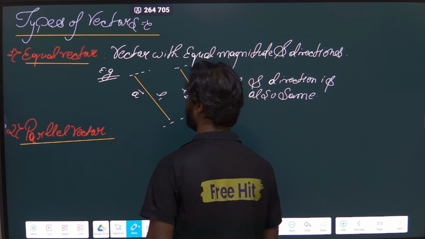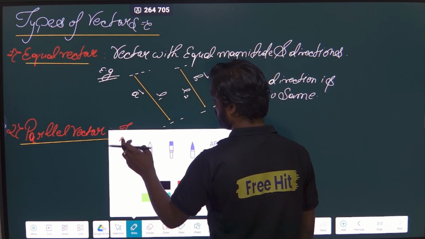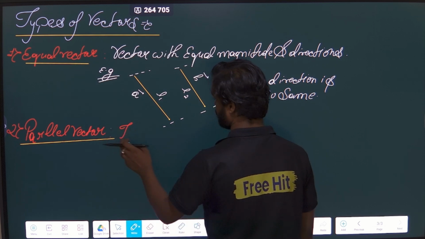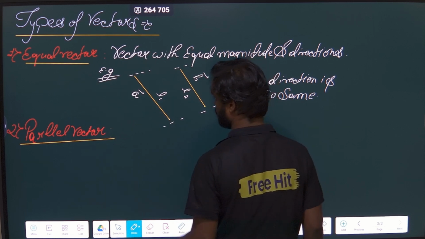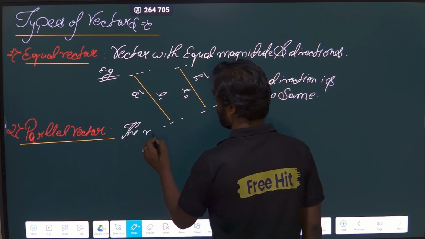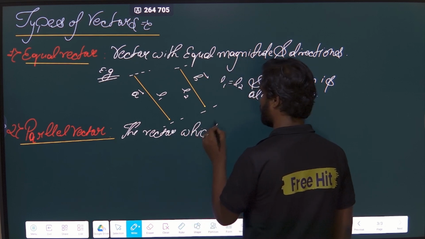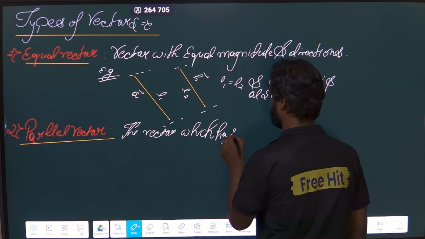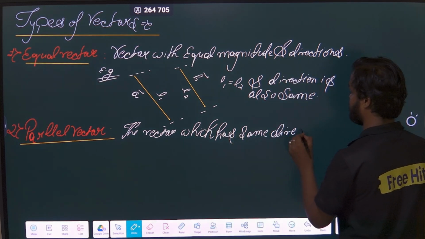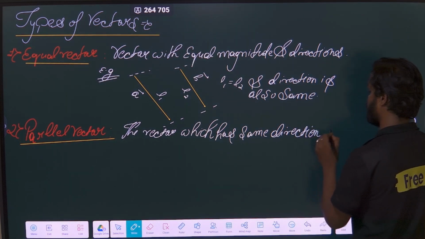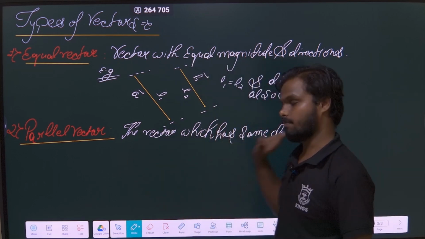Okay, what is parallel vector? The vectors which have the same direction are called parallel vectors. Simple.